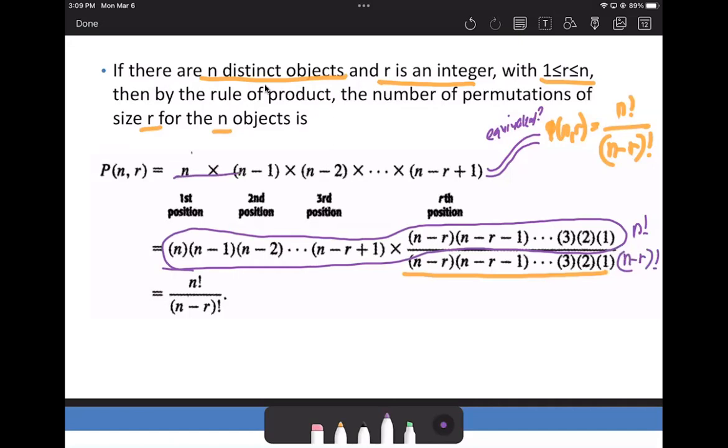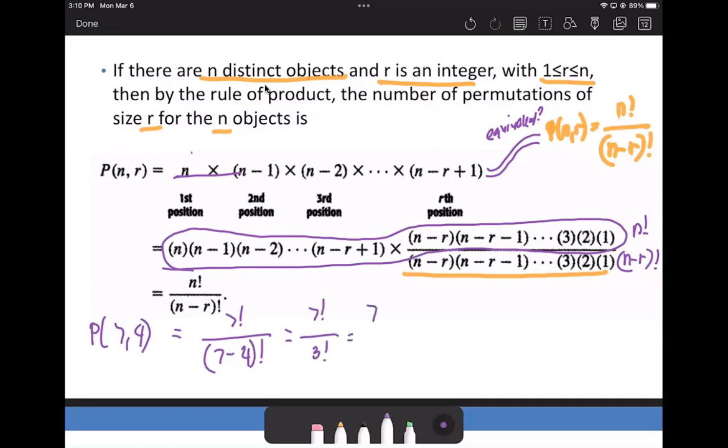For example, going back to P of 7 given 4. We will use n factorial over n minus r, so that will give us 7 minus 4 factorial. That will be 7 factorial divided by 3 factorial.